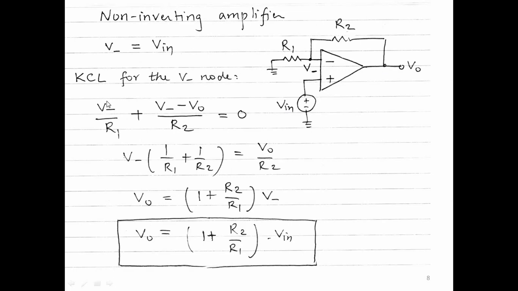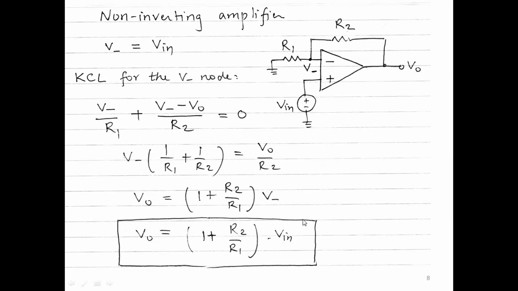V minus by R1, the current here, plus V minus minus VO by R2 is equal to 0. We solve this and we get VO equal to 1 plus R2 by R1 times V minus. V minus is equal to V in. So we get VO equal to 1 plus R2 by R1 times V in, which we already saw a few slides ago. But here, with all the assumptions, the analysis becomes very simple.